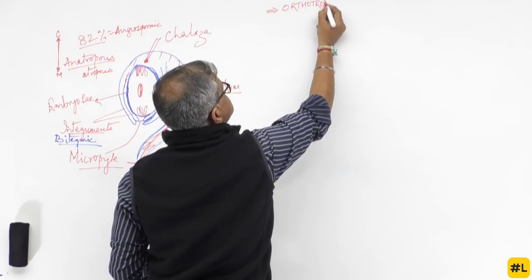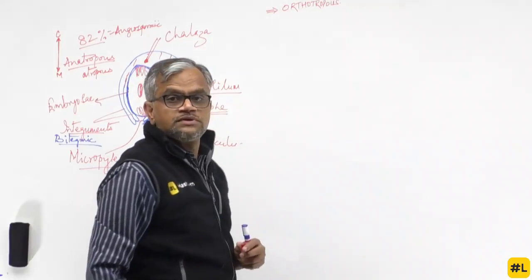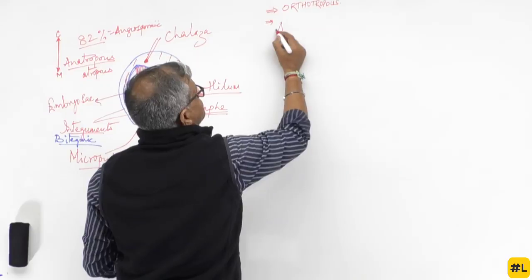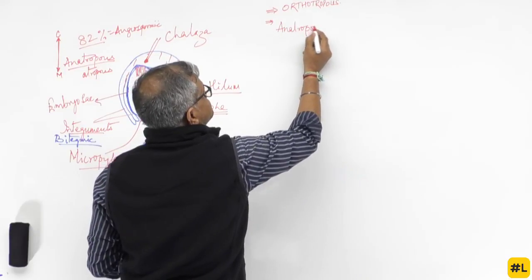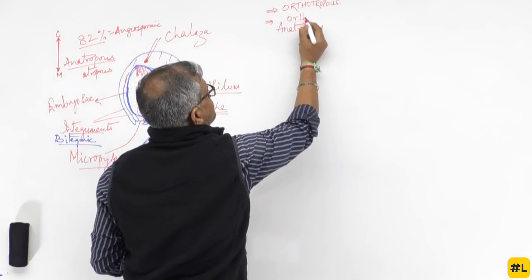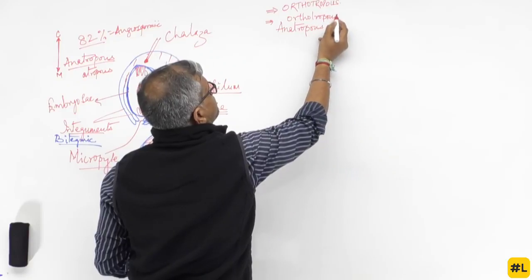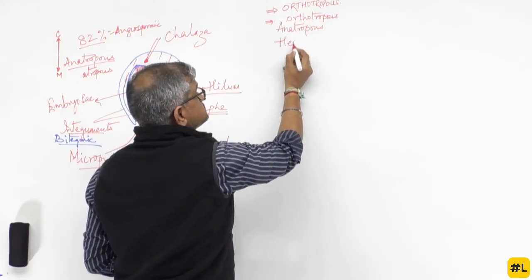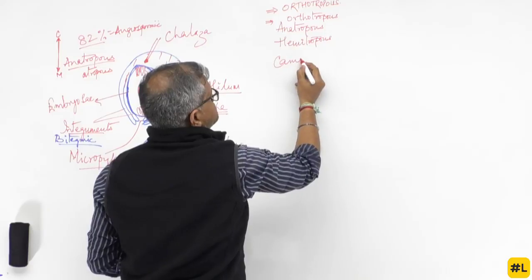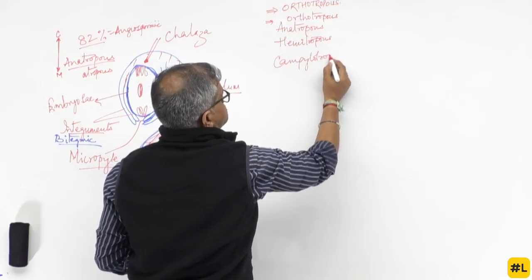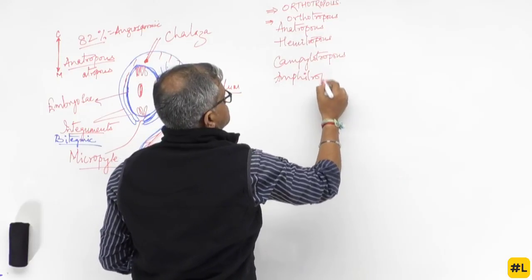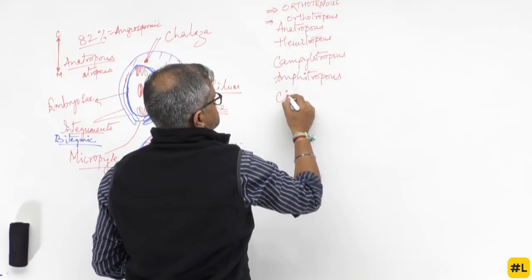Orthotropous, anatropous, hemitropous, campylotropous, amphitropous, and sarcinotropous.